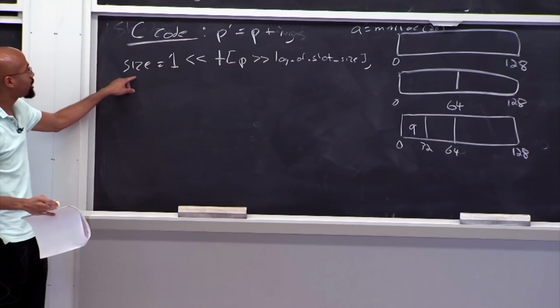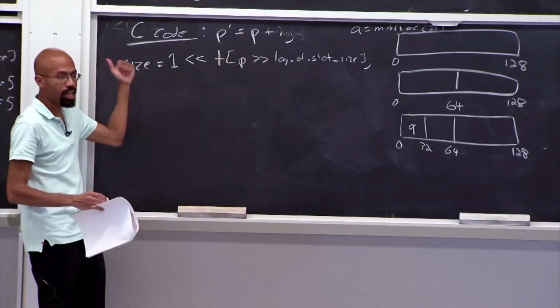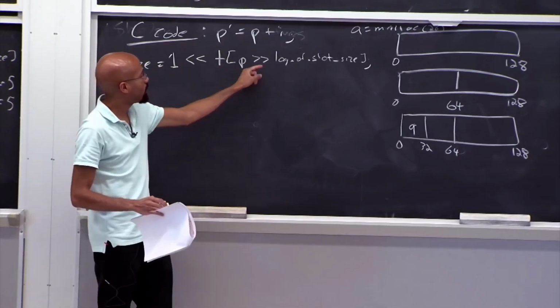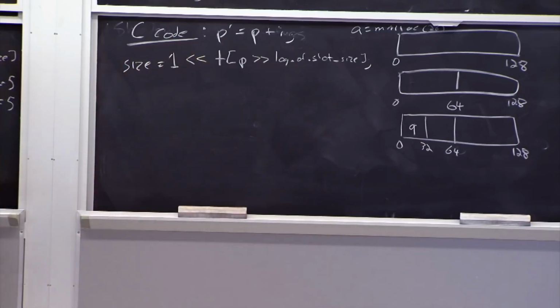Right? So the size of the data that's been allocated to P is going to be equal to 1, and then you left shift that by looking in the table, taking that pointer value, and then right shifting that by the log of the table size. Right? And this arithmetic works out because of the way that we're binding pointers to the table bounds.